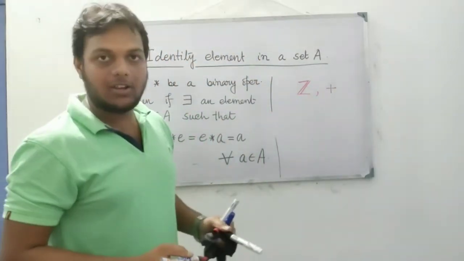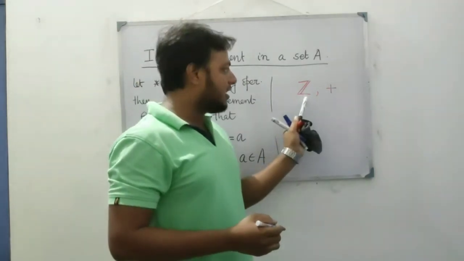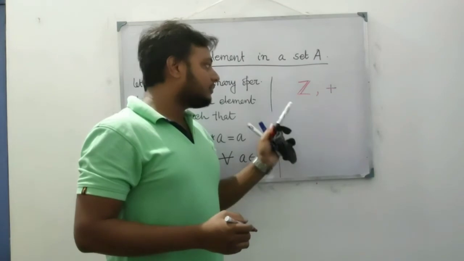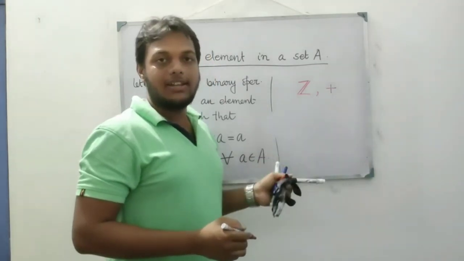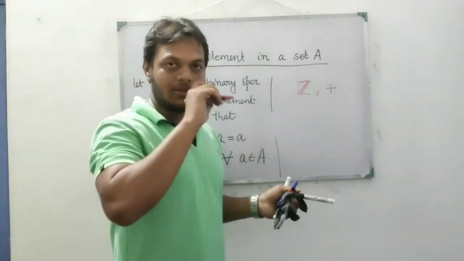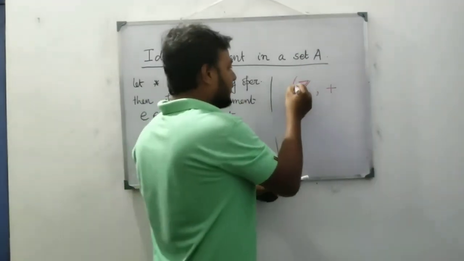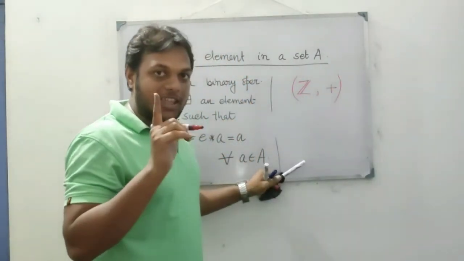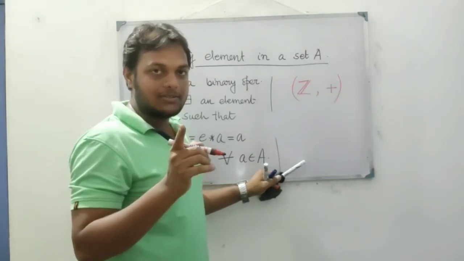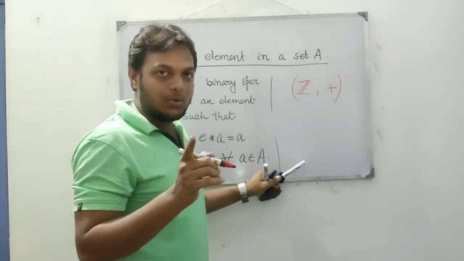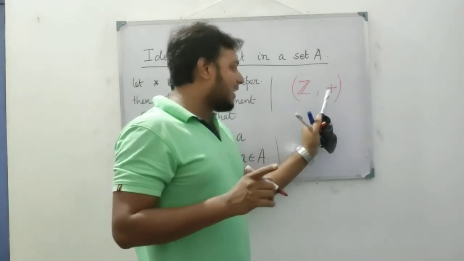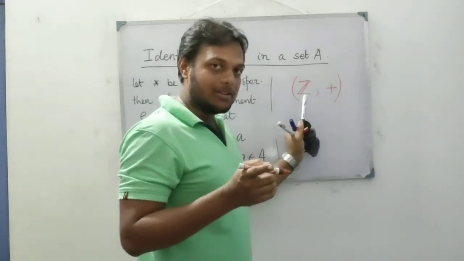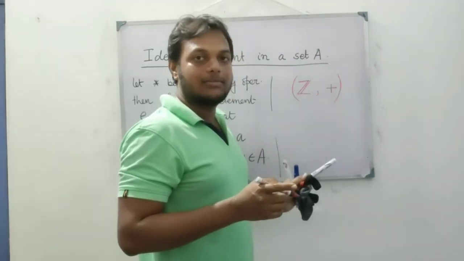Suppose we are going to find out whether the identity element exists or not. So here you have to find out that element whose characteristic will be, if we add it to any number of the set Z, then you will get that number back.